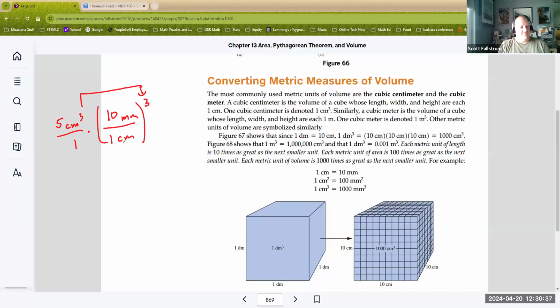That way you have centimeters on the bottom, but it's being cubed, so those do eliminate with the cubic centimeters. It leaves you at the end with millimeters cubed, and 10 cubed turns out to be 1,000, and 1,000 is 3 decimal places, which is exactly what we said. 1 step for 1-dimensional, 2 for 2-dimensional, 3 for 3-dimensional. So this becomes, again, 5,000 cubic millimeters.